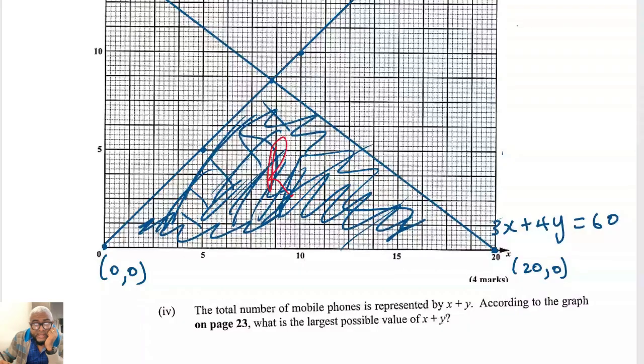So we counted, every 4 small boxes is 1. So this will be 6, 7, 8, 9. This here actually lines us with 8, so here will be 8.5.